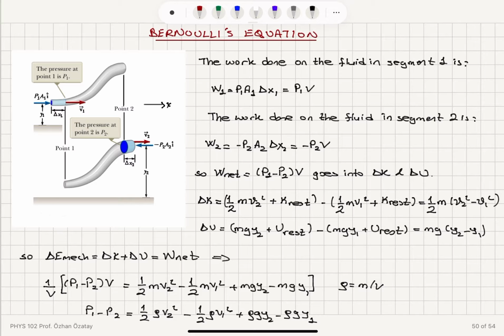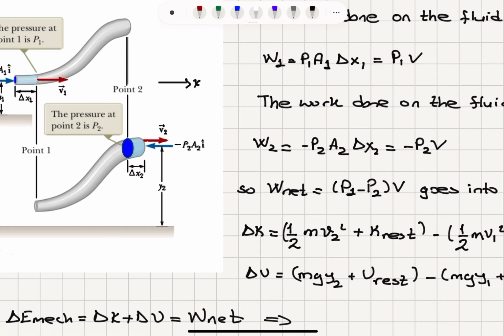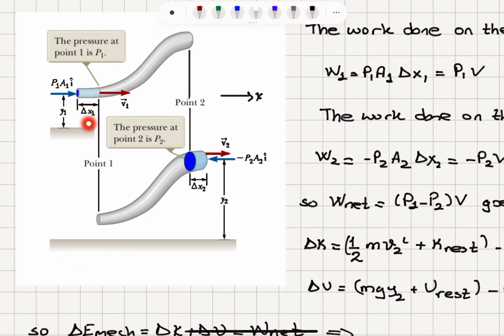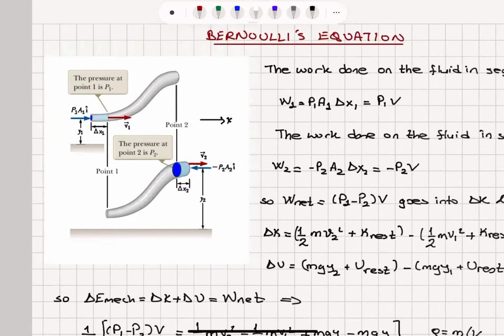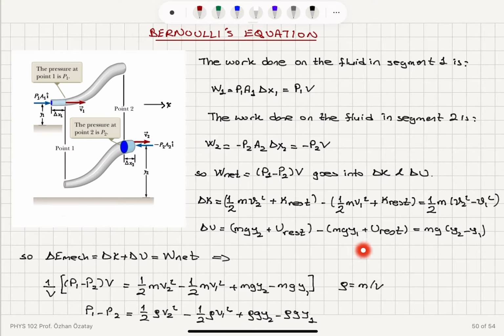And what about the potential energy? Well, these particles are at a distance y2 with respect to ground, so m g y2 plus the potential energy of the rest, and here we have m g y1 plus the potential energy of the rest. So the difference is m g (y2 minus y1).